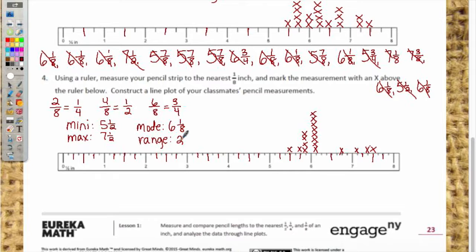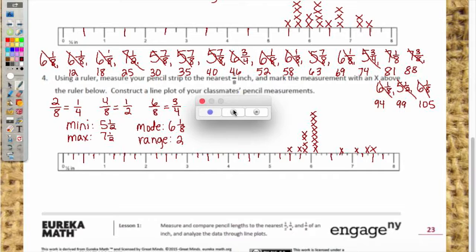What if I added all the whole numbers, then I'll look at all the fractions that are the same that I could make one whole out of, and go from there? So I'm going to pause it. I want everyone to add the whole numbers. Okay, now that we've added the whole numbers and we got 105, I'm going to add my fractions.